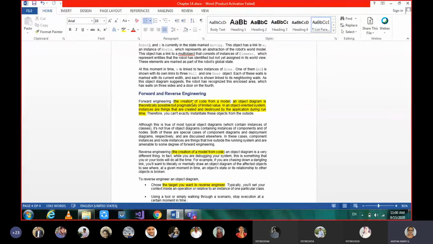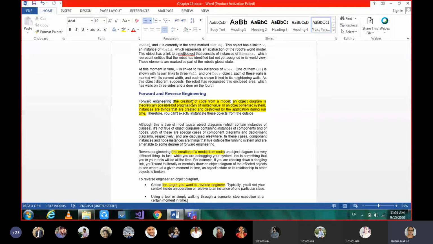Theoretically it may be easy, but when we are talking about forward engineering for an object diagram, theoretically it is possible, but programmatically we have limited value. Why? Because in object-oriented systems, instances are the things that are created and destroyed by the application during runtime only.